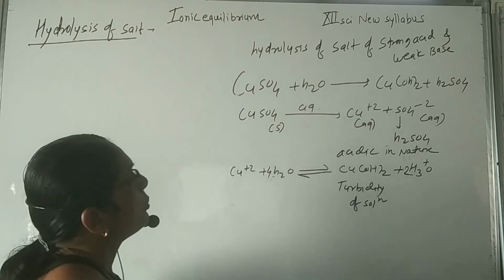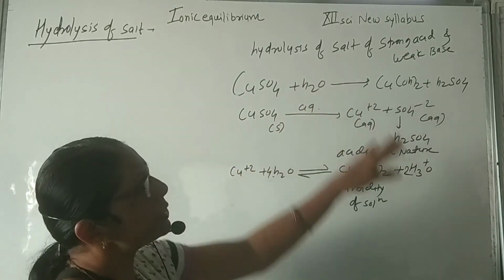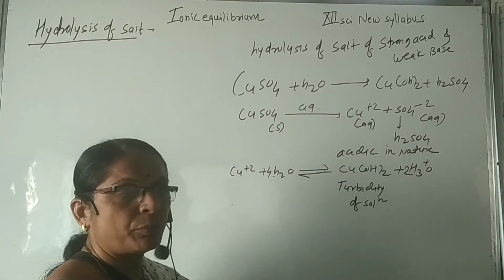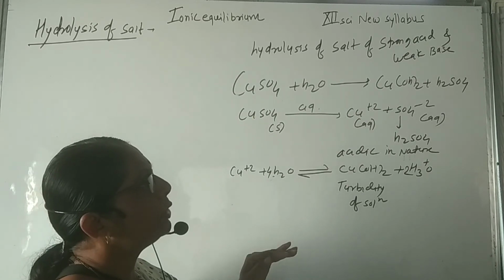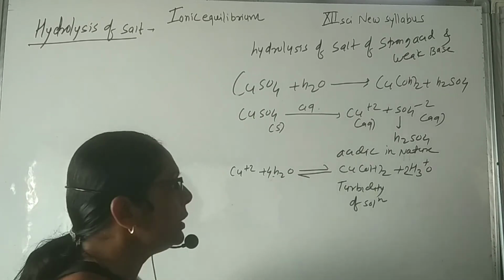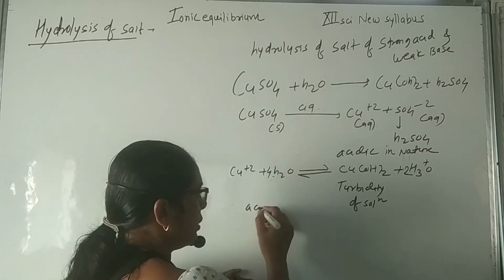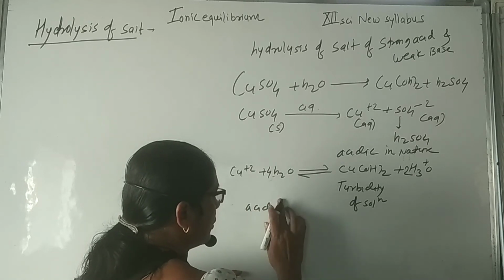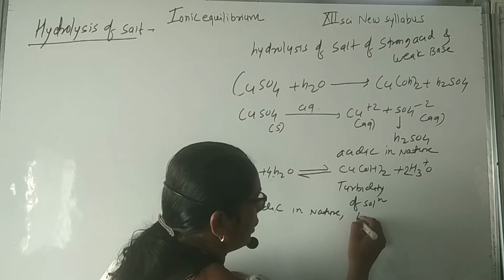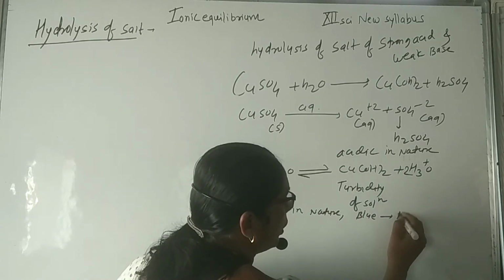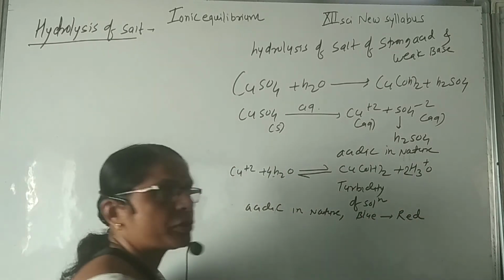So what is the nature of the hydrolysis of the salt of a strong acid and weak base? It is acidic in nature, and as it is acidic, it turns blue litmus to red.